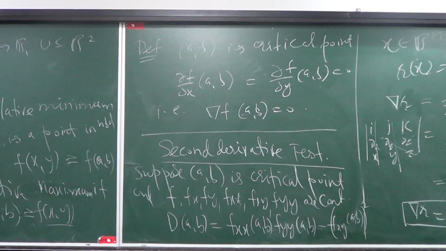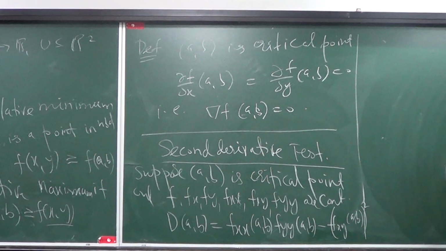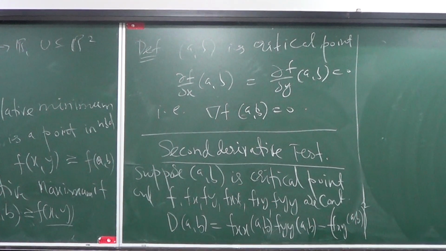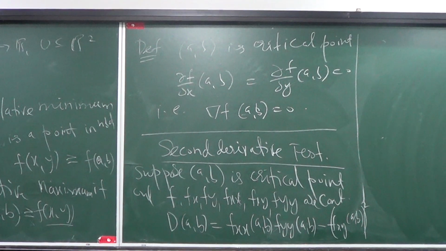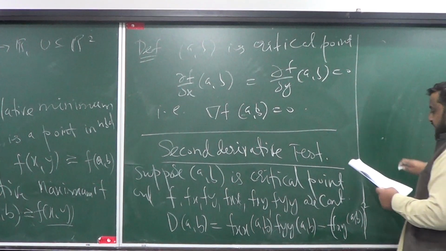Okay. So we'll talk about it now. Another thing is, if you want to know what kind of point (a, b) is, just look at this discriminant.